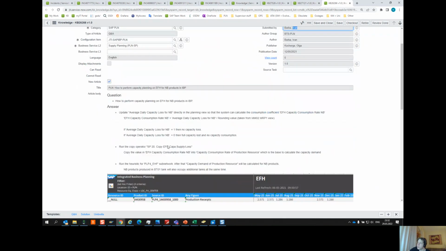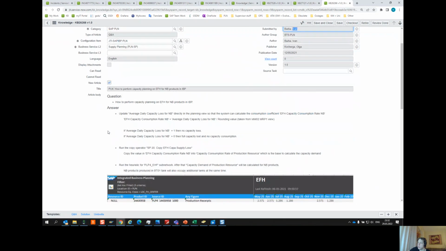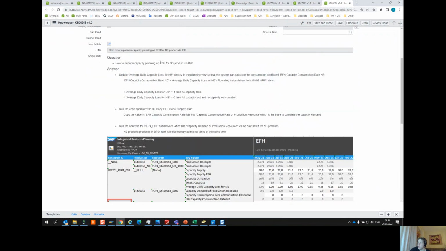Well, in this case, we definitely have no access because all data related to the European flavor house, also known as PLP4, is restricted, and maybe only BTS teams, or even not BTS, but only business users located in the PLP4 factory usually have access to this kind of data.